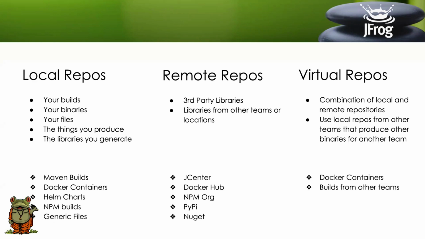So if I have Bob the developer download, say, a package that solves a layout issue, when Tom the developer pulls and does an install and he's using that repository structure, it's not going out to the internet. It's actually just pulling it from Artifactory because those third-party libraries are stored. And if I use that in conjunction with something like Xray, I can ensure the safety and security behind that.